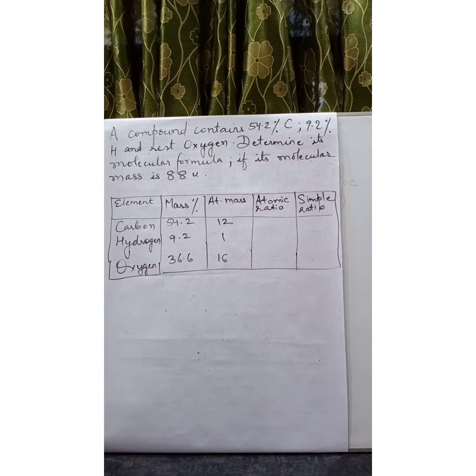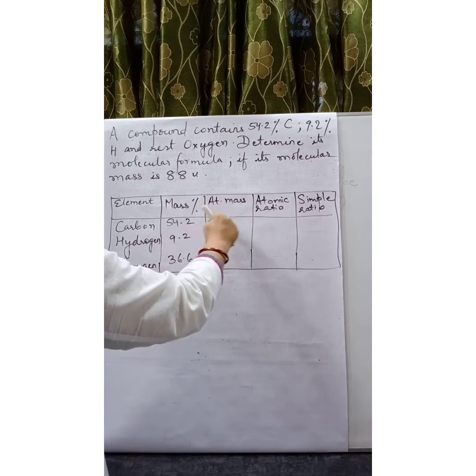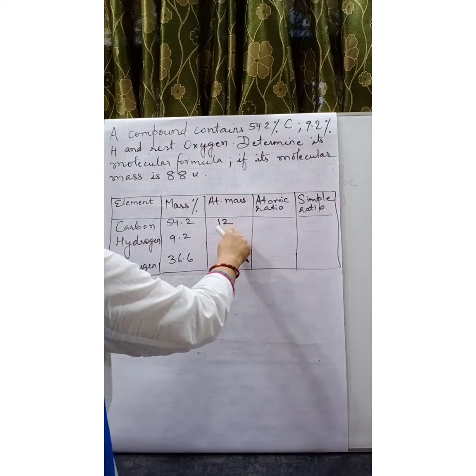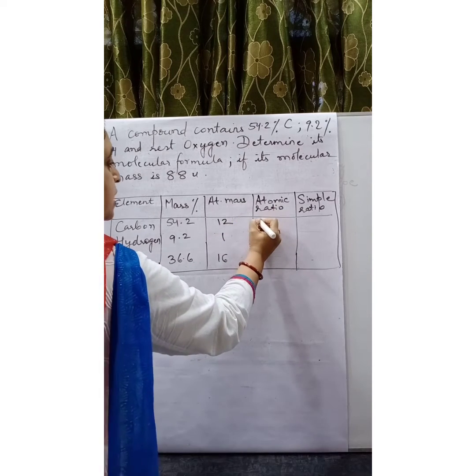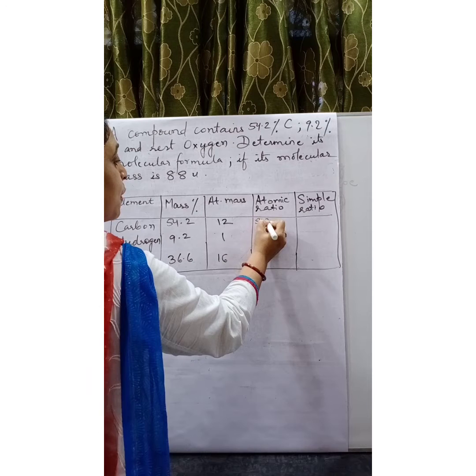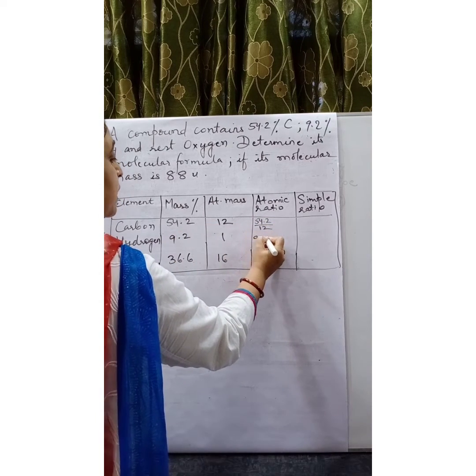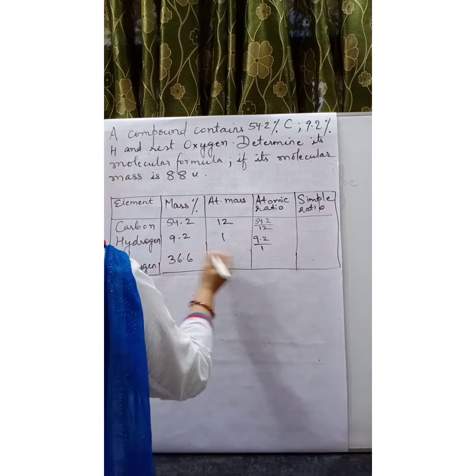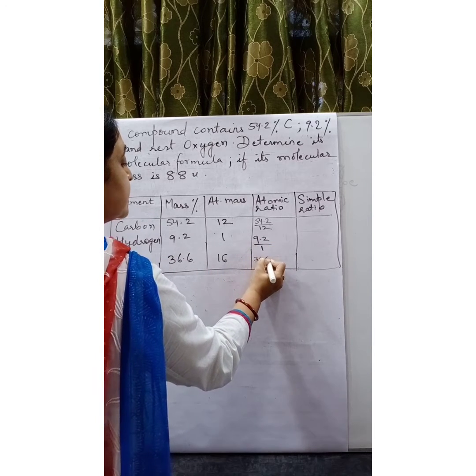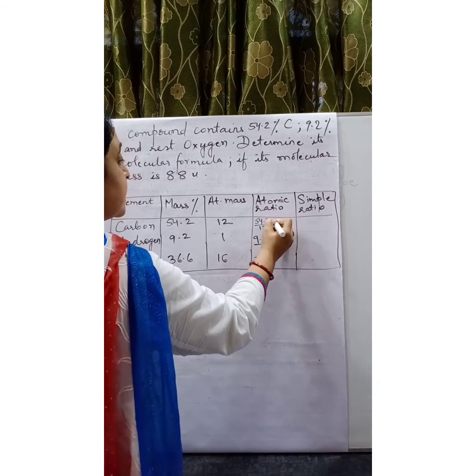Now we will calculate the atomic ratio. Mass percentage divided by atomic mass gives the atomic ratio. 54.2 divided by 12, 9.2 divided by 1, 36.6 divided by 16.